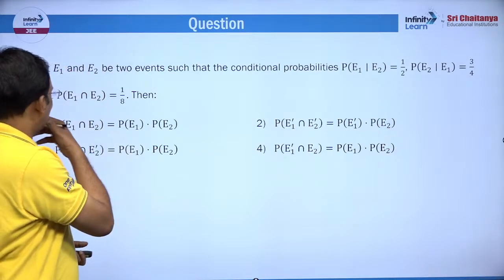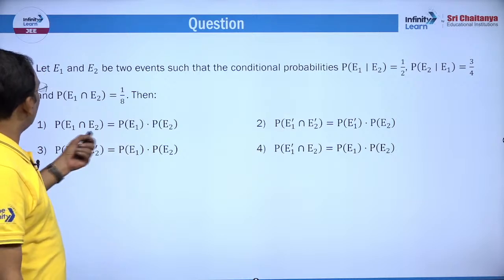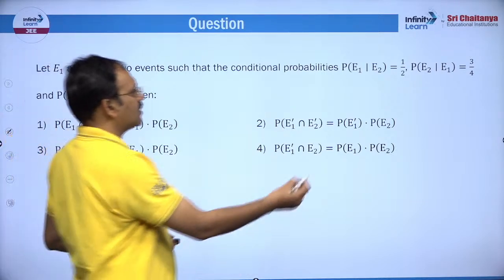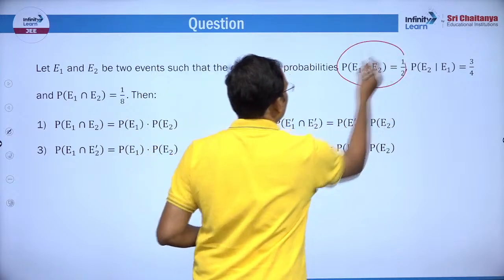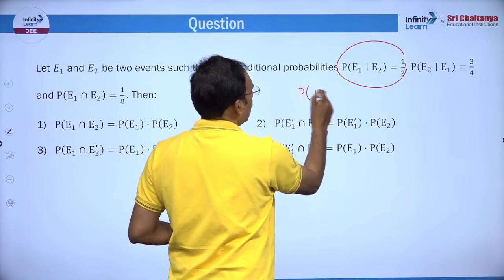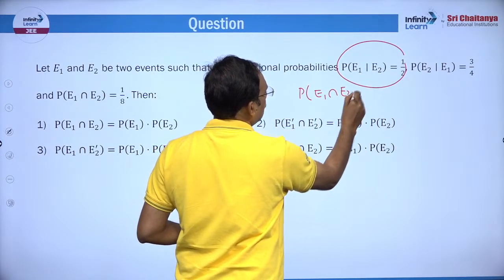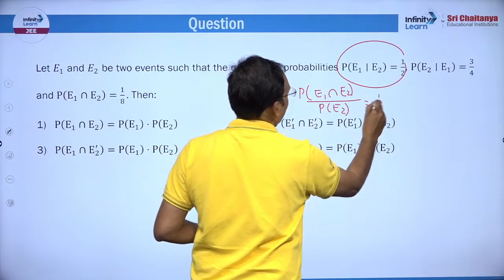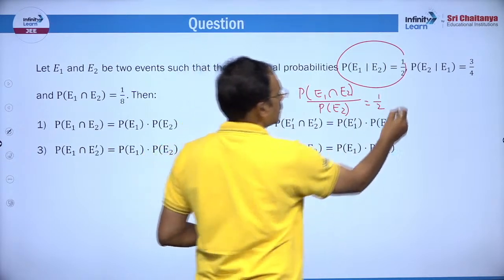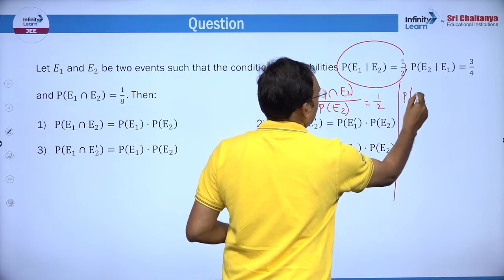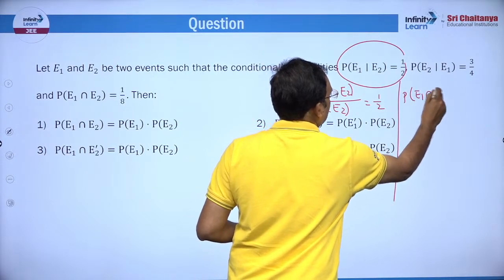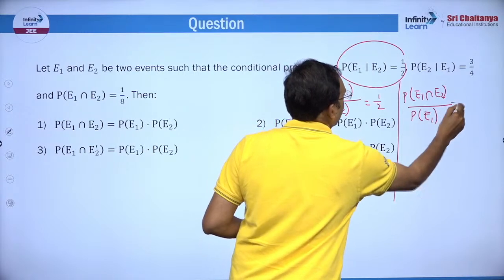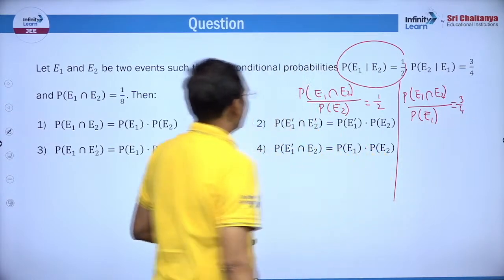Next dear friends, you just see this one. E1, E2 be two events such that the conditional probabilities, it is a very easy definition. P of E1 intersection E2 by P of E2 is given as 1 by 2. Also P of E1 intersection E2 by P of E1 is given as 3 by 4.